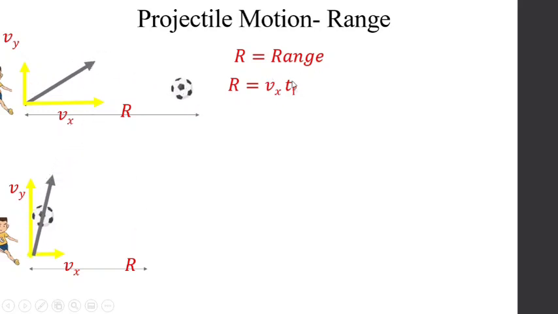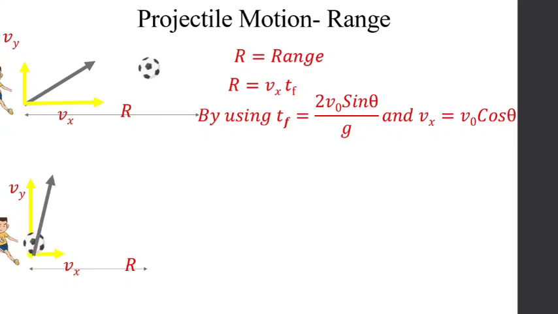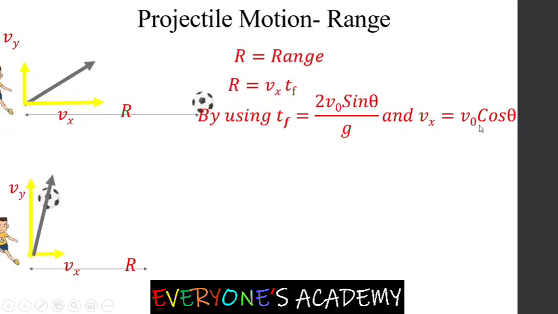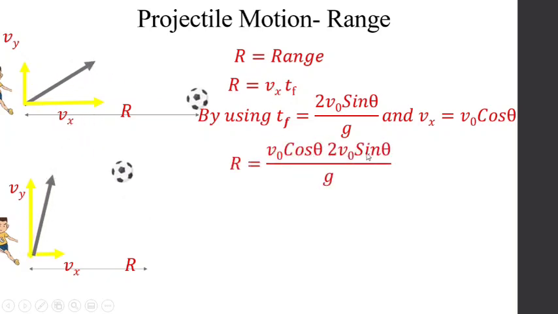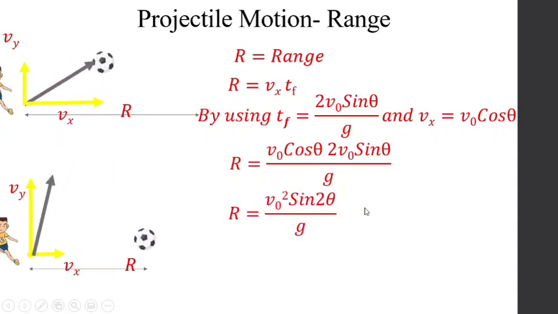As we have seen earlier, Tf equals 2 v0 sin theta divided by g and Vx equals v0 cos theta. Using these two values in the range formula, you can see that 2 sin theta cos theta becomes sin 2 theta and all other terms remain as they are. So range equals v0 square sin 2 theta divided by g.